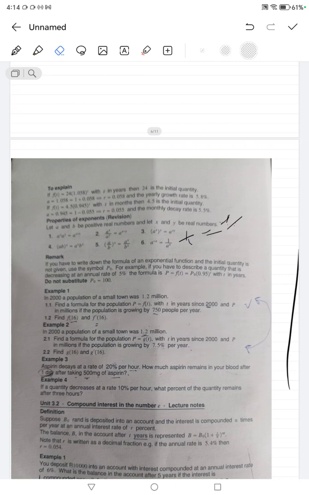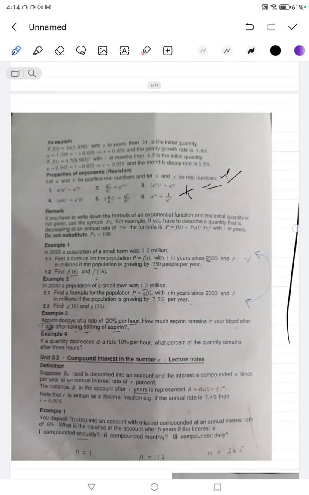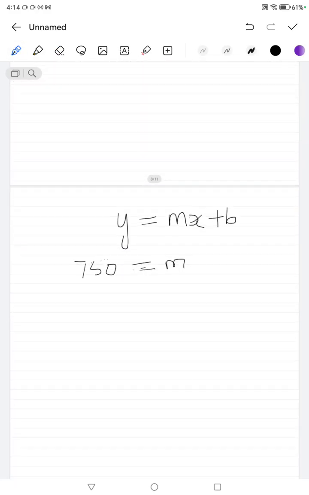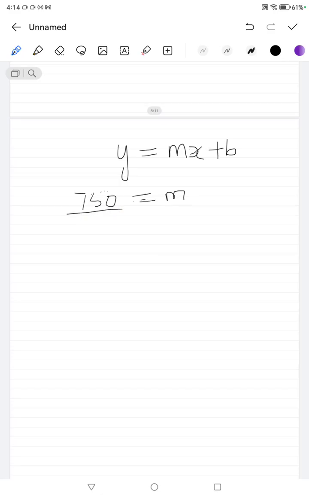They're saying the population is given in million, so it means now you have to divide this one by your million. So what are you going to get? You're going to get 0.000075, and this will be equals to your m.